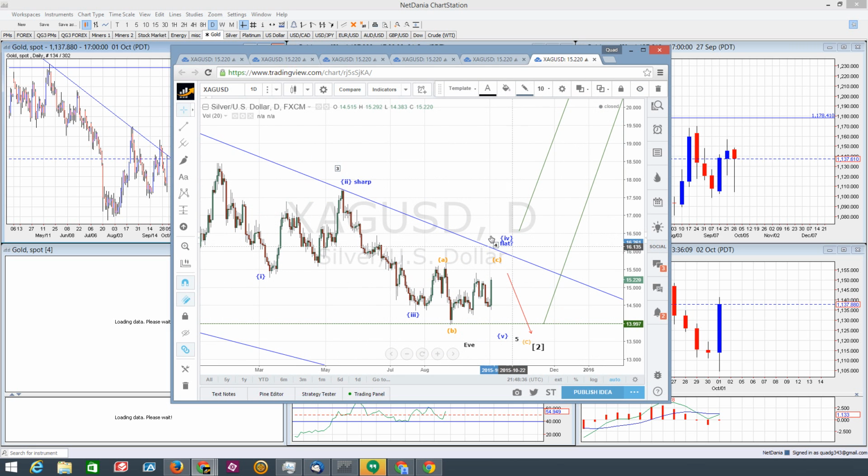So we'll have to wait and see how the market behaves once it gets up to that point. But for now, I do think we're just coming up into the final leg of wave C here, and then from there we may get one more push down into the final fifth of wave 2.